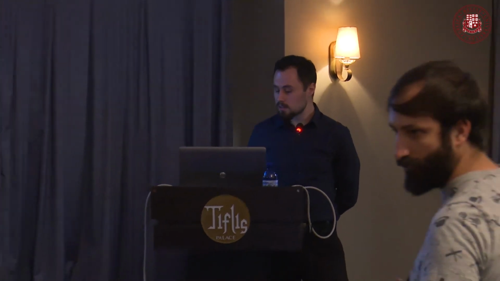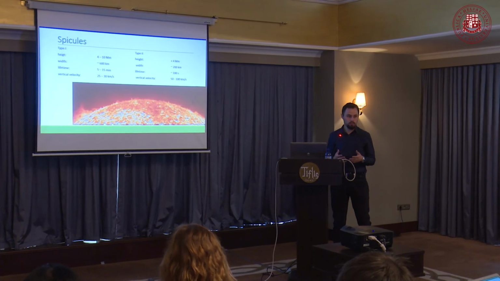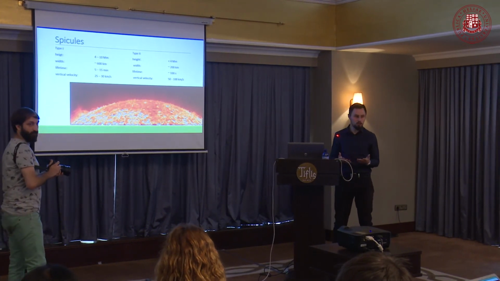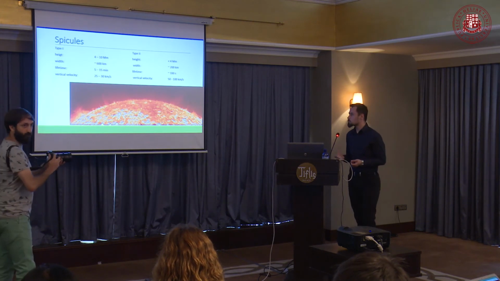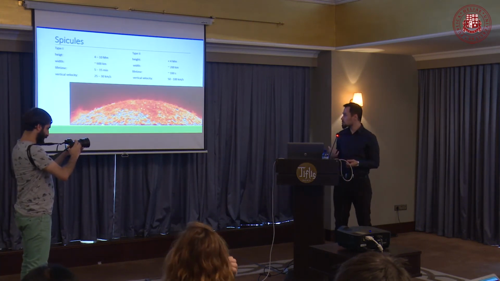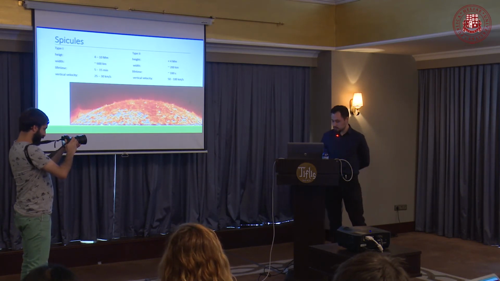Here we can see some basic properties of solar spicules. They are nice indicators of whether our simulations show real spicules or some other type of solar jets. These properties may vary depending on observations, but these are just some basic things.